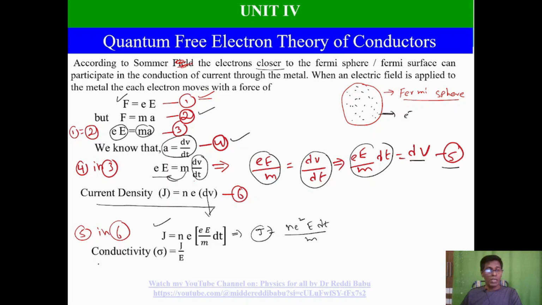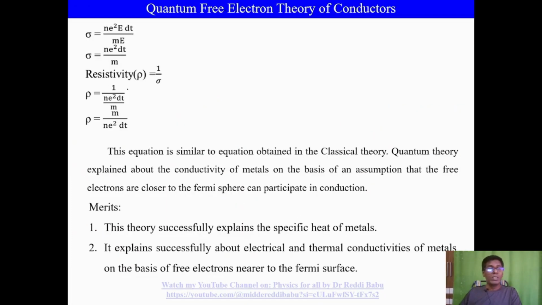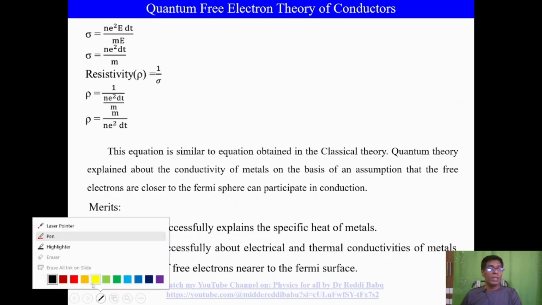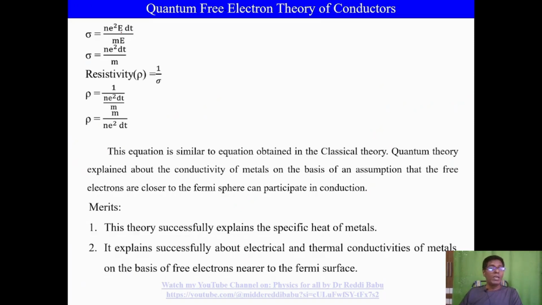Now we know that conductivity of the conductor sigma is equal to J divided by E. Substituting the J value, sigma is equal to Ne square E dt divided by m into E. Capital E will cancel, so sigma is equal to Ne square dt divided by m.